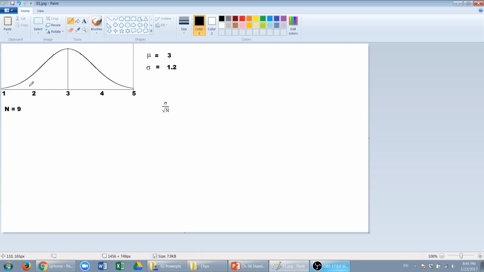Now let me try to draw this. So hopefully the distribution looks like this. Because it becomes more narrow and more normal. So don't criticize my drawing skill. This is so hard to draw with a mouse. But anyway, this is the distribution of means, right?